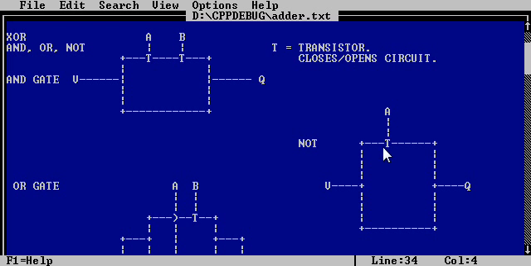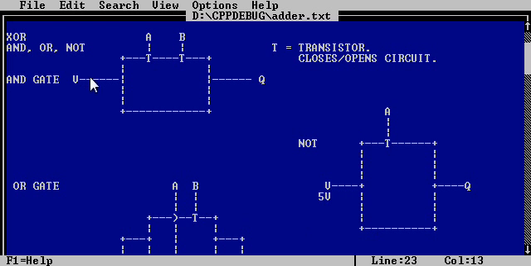In this case, if I put charge on this, it will open the switch. So when this is high, the switch is open, and the circuit's open, so this guy is low. And when I open the switch, the circuit closes, and then this guy gets his 5 volts. So that's not.